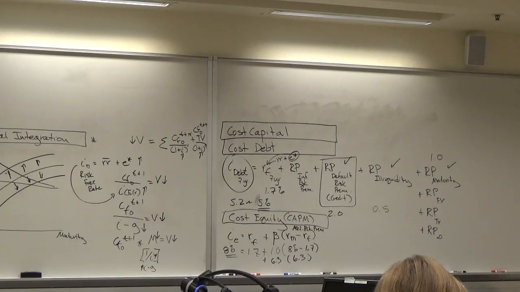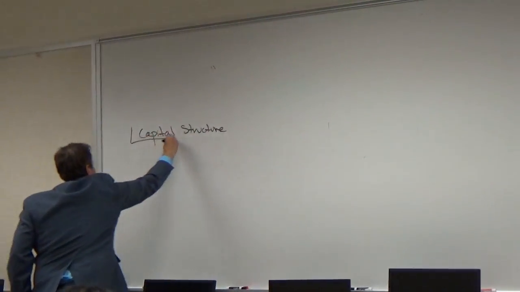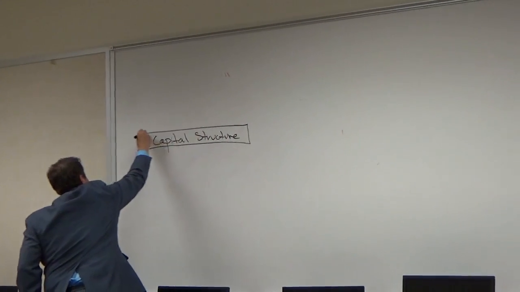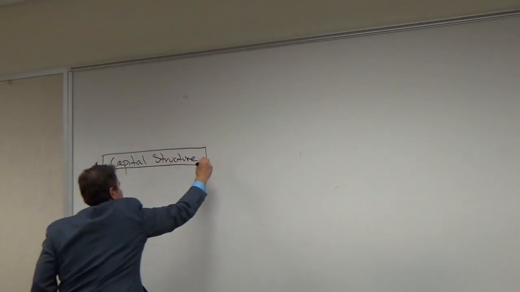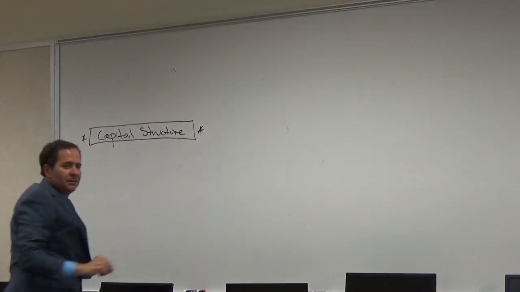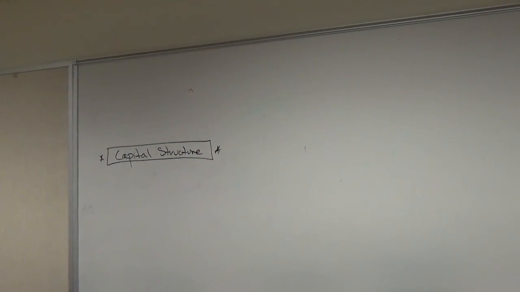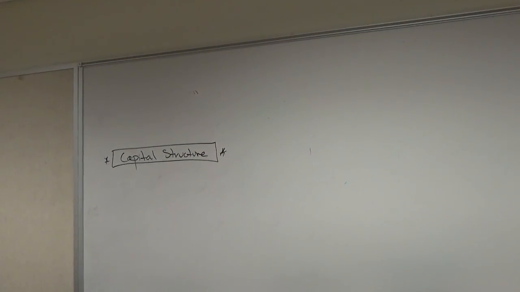Weighted average cost of capital. The way that we do that is we have to look at the capital structure. And what's the capital structure? Financial management students calculate optimal capital structures in your managerial accounting courses.